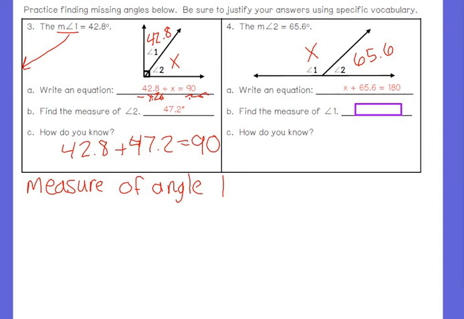What would I do to solve this? 180 minus 65.6. I could write out all my work. 114.4 degrees is my final answer.